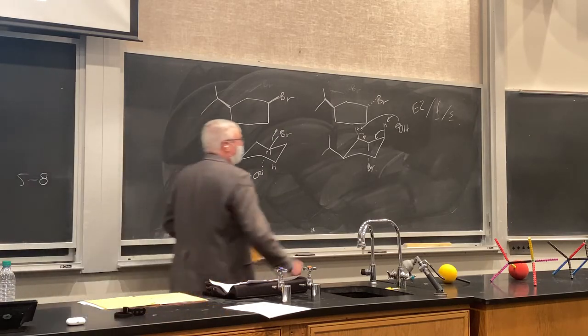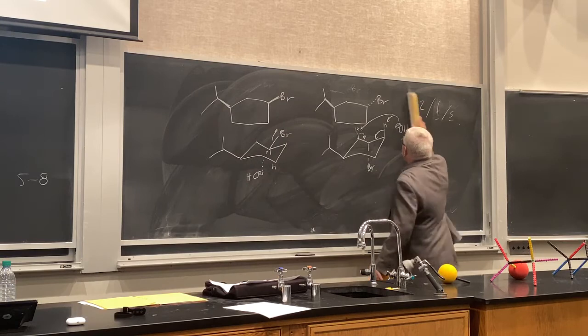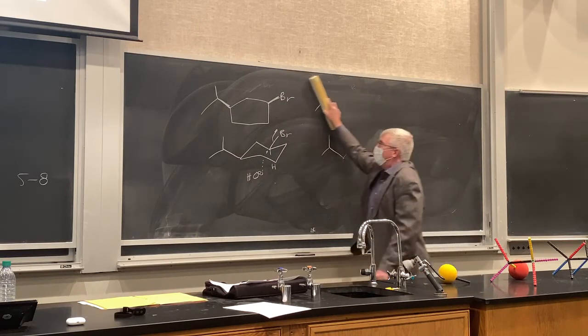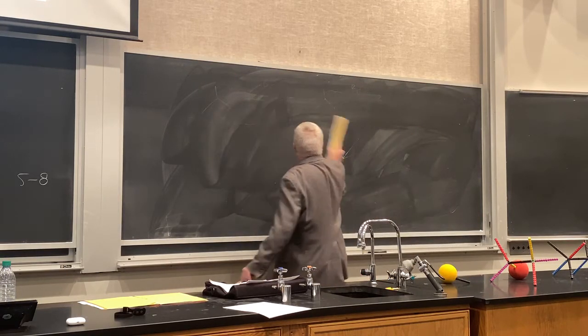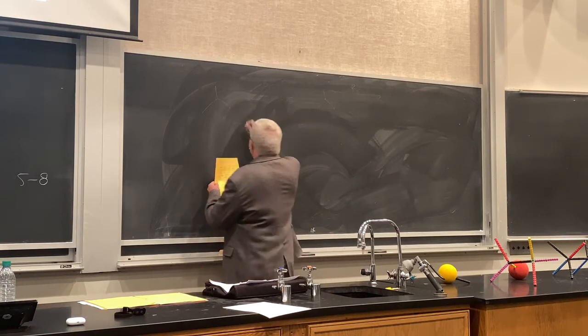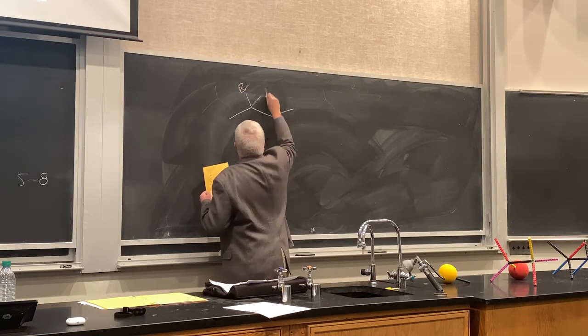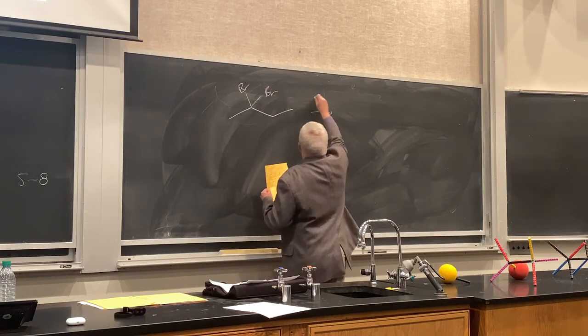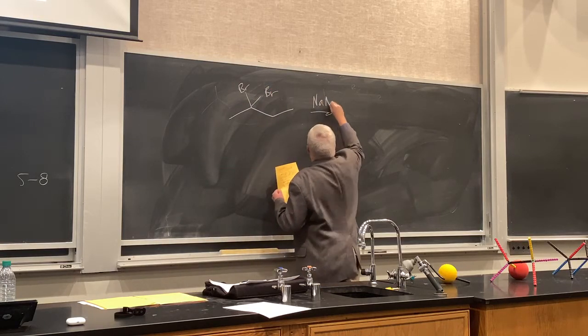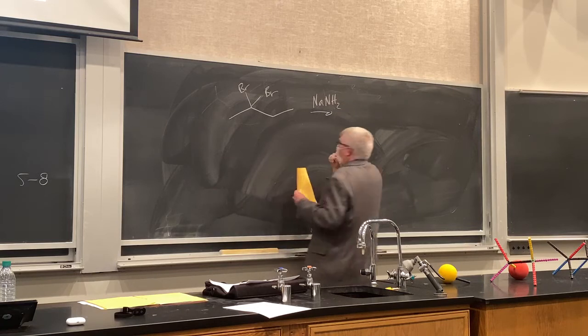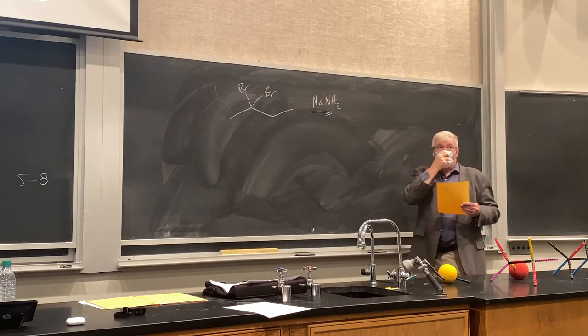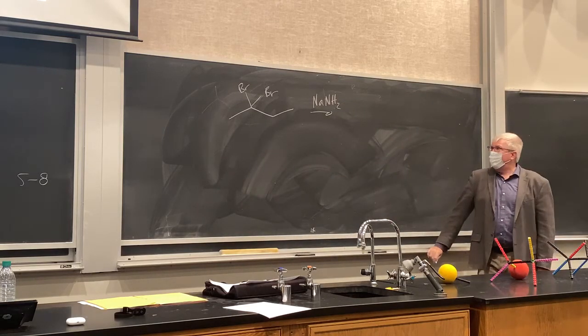All right, let's look at alkynes here. Dehydrohalogenation can occur in a double-barreled manifold here. If we have dihalides, we can use two equivalents of strong base. And usually we use a stronger base. T-butoxide will do this, or amide, sodium amide.